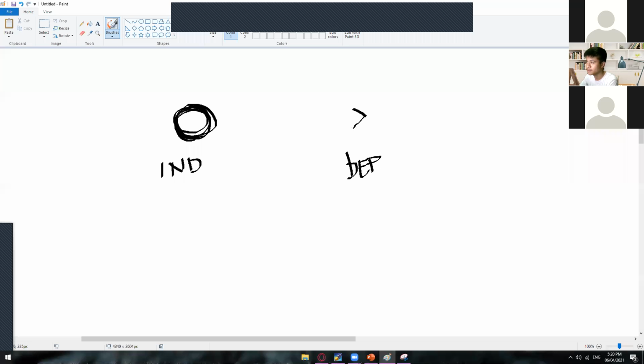But if it's dependent, it's always represented by a diamond. Mostly, let's say this one is a voltage source, this one is also a voltage source, and this one has something like 5i.